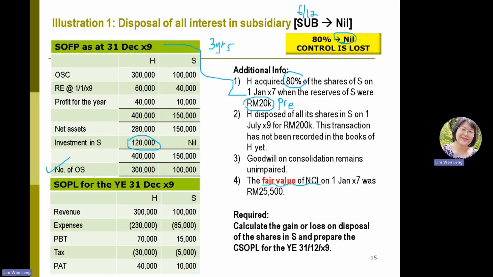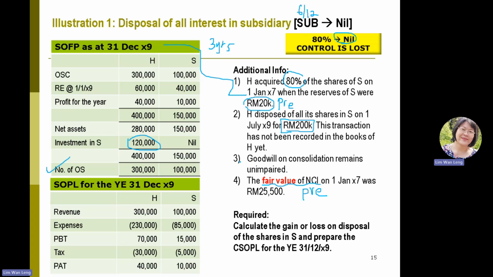And when they give you the fair value of the NCI on the first day of January X7, that means this is the one at pre-acquisition, because this is the date of acquisition, okay? They disposed of on this date for 200,000. So 200,000 is your proceeds. If you recall your pro forma, the first line you already got. And then they tell you they have not yet recorded it in the books of the holding company.